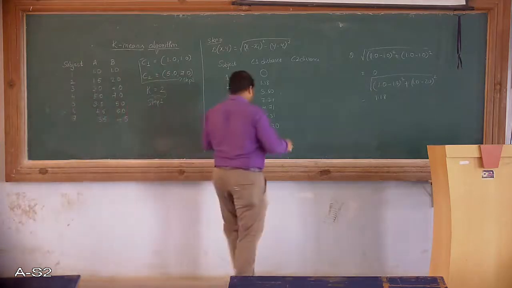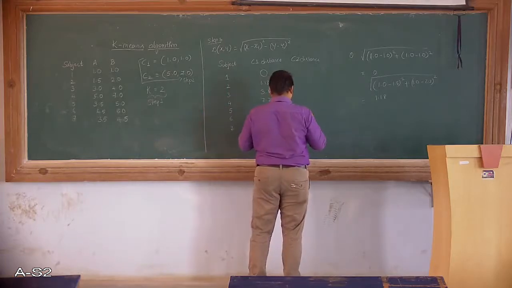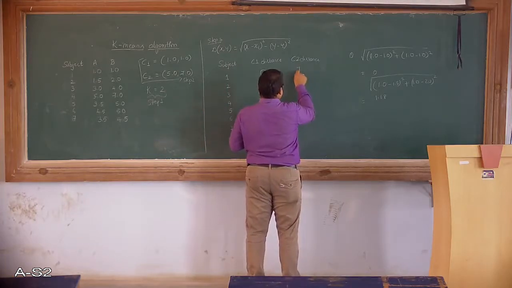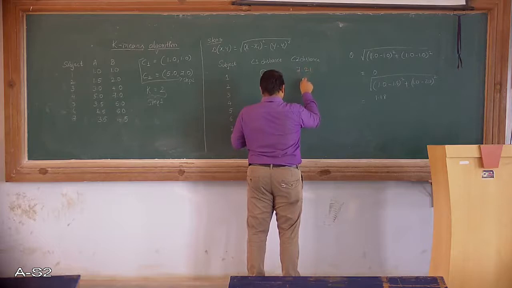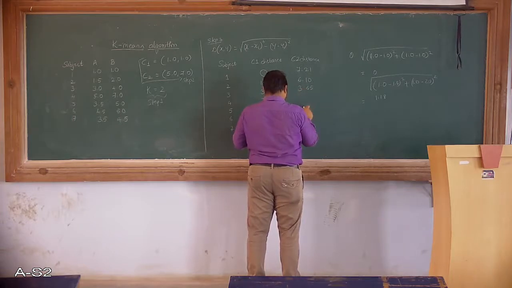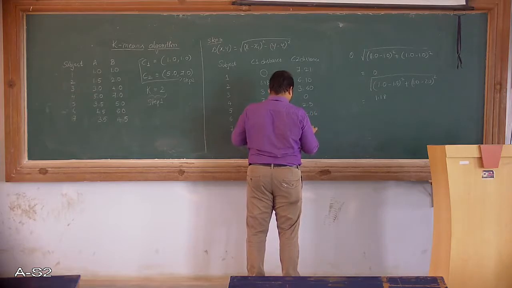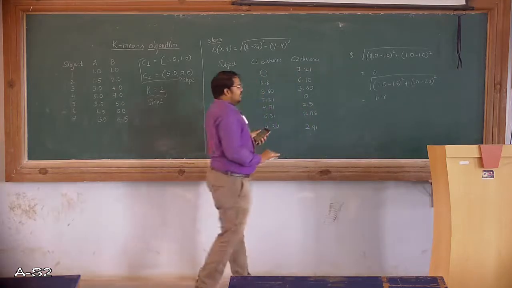If you compute it, you will be getting the values as 7.21, 6.10, 3.65, 0, 2.5, 2.06, 2.91. Approximate values we are going to get.